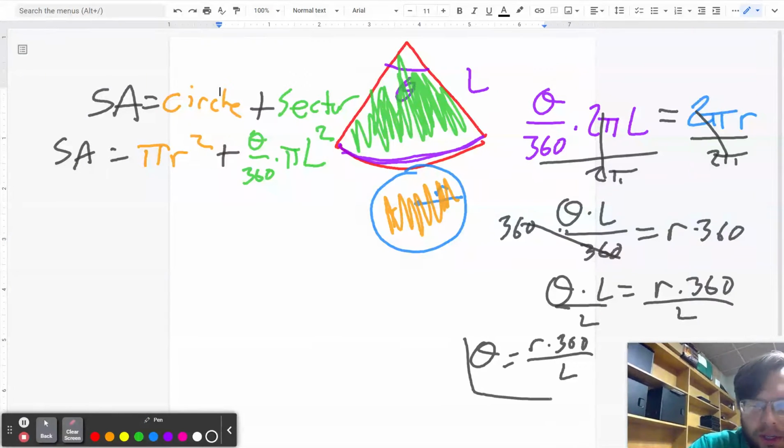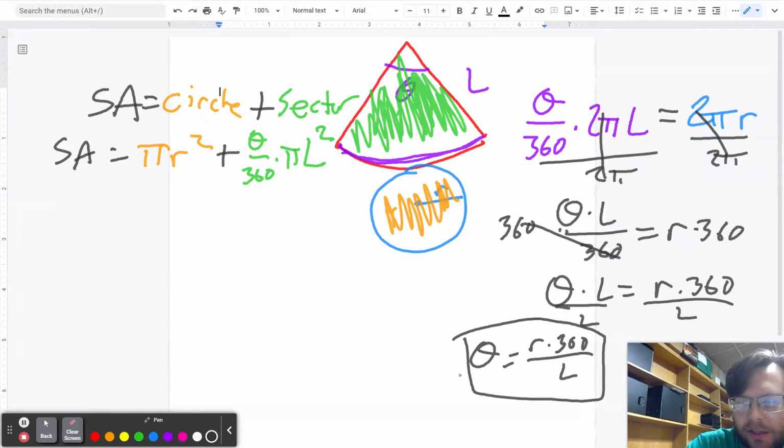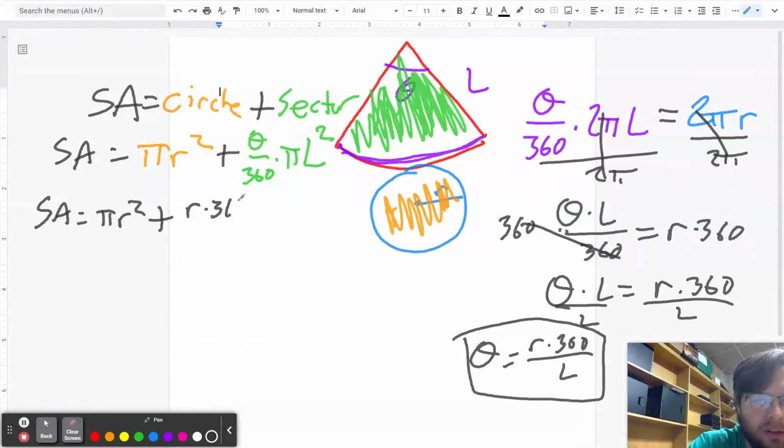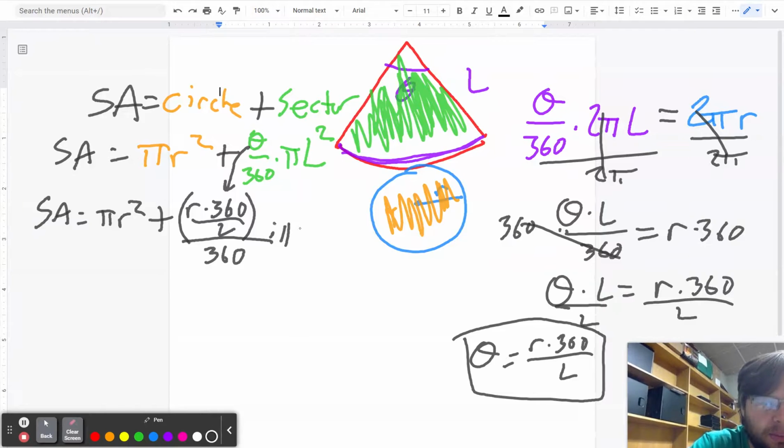All this work over here gave me a substitution for theta. So I'm going to rewrite my surface area in a slightly different form. Theta can be replaced with r times 360 over L. So I just replaced this theta with this right here. So I'm still going to copy over 360 times pi times L squared.